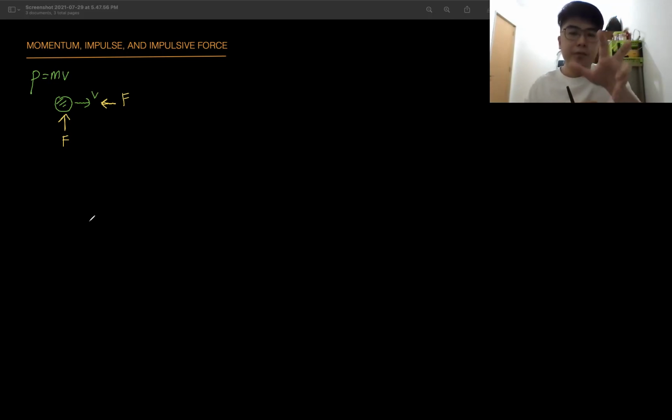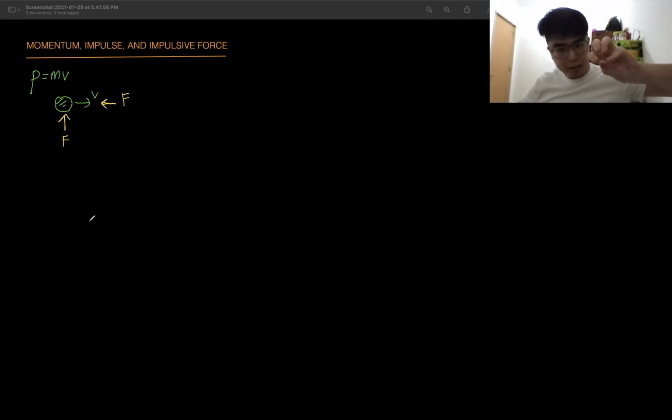But if you add up everything after they collide, this one plus this one plus this one plus this one, the total momentum is the same as the total momentum before they collide. So here there is a total of 100 kg m s^-1.